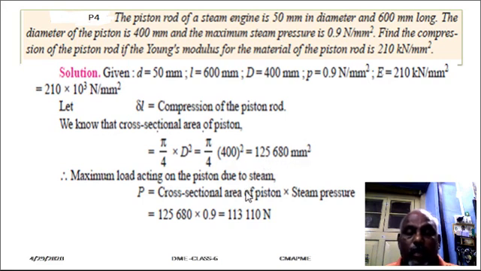Now the maximum load on the piston due to the steam pressure is capital P, equal to the cross-sectional area of the piston into the steam pressure. Already we have calculated the cross-sectional area of the piston. Now this value is multiplied with the steam pressure, 0.9. We get the load exerted on the piston equal to 113110 Newton.